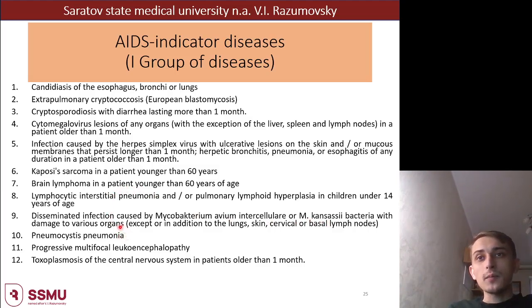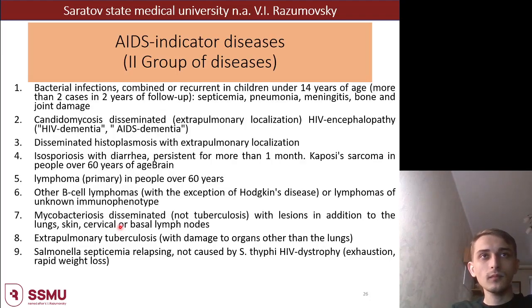Pneumocystic pneumonia, progressive multifocal leukoencephalopathy, toxoplasmosis of the central nervous system. The AIDS indicators from the second group contain bacterial infections, combined or recurrent, in children under 13 years old: septicemia, pneumonia, meningitis, bone and joint damage.